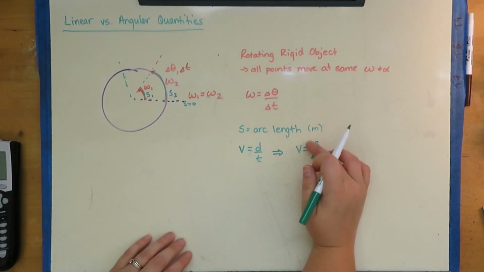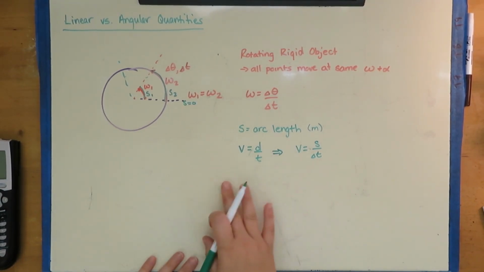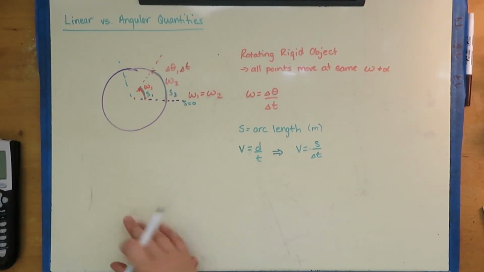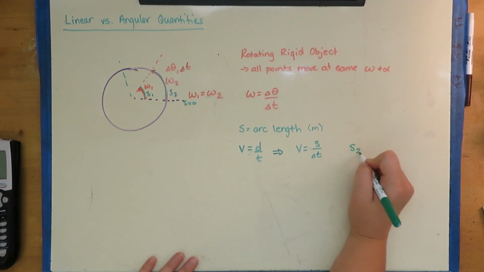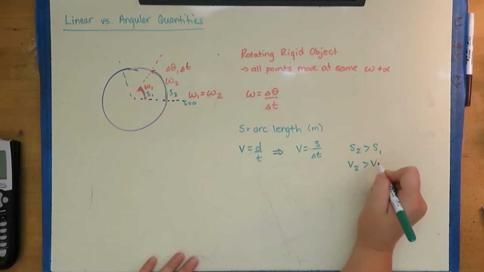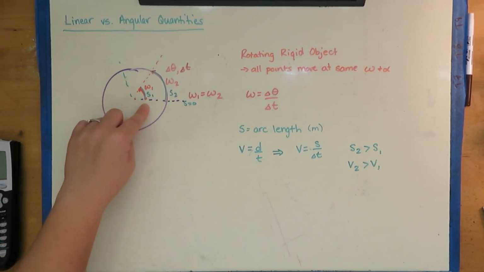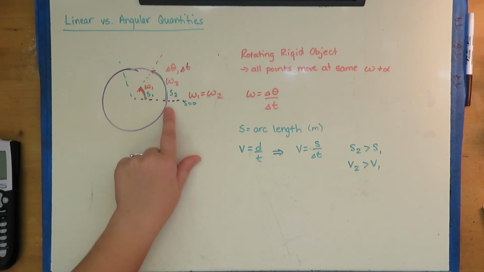But I just prefer to do arc length over time. And so these are going to have different values. Because s2 is larger than s1, v2 is going to be greater than v1. So the linear velocity for this point here is going to be smaller than the linear velocity here.